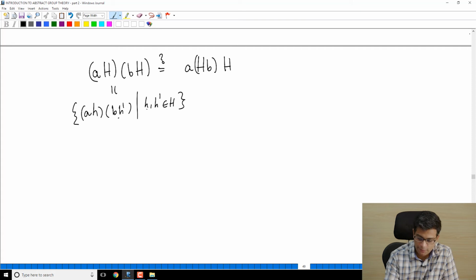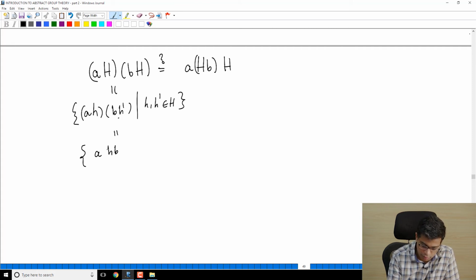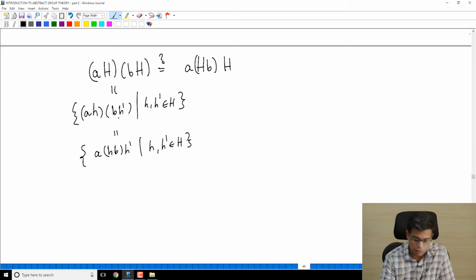So AH times BH, if you use associativity of group product, then this becomes, so I can vary h and h prime, two elements of H, they may not be distinct.